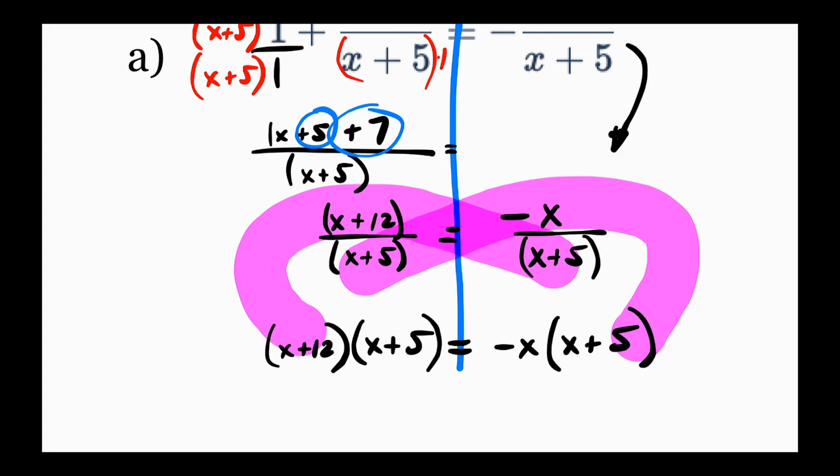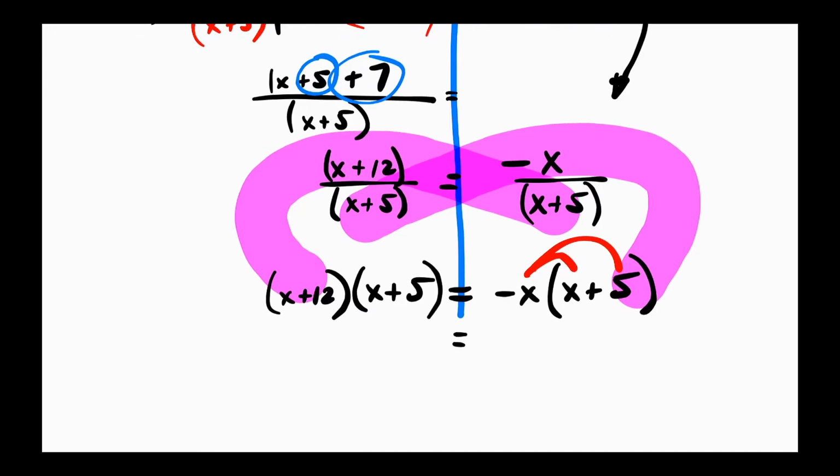The left side, I can't do distributive property. The right side I can, because negative x is a monomial. So I distribute there, and I get negative x squared minus 5x.